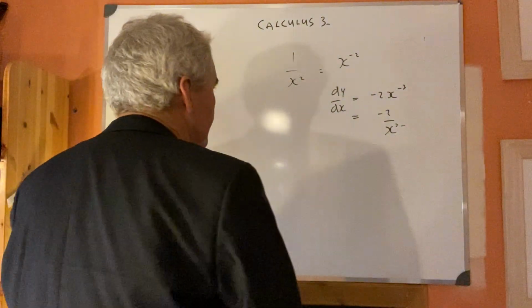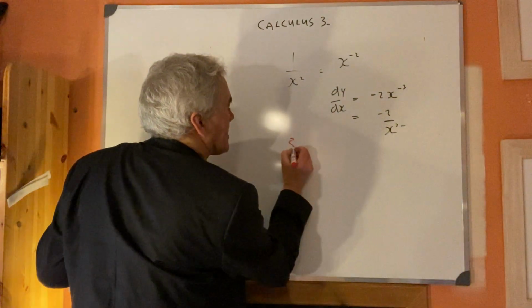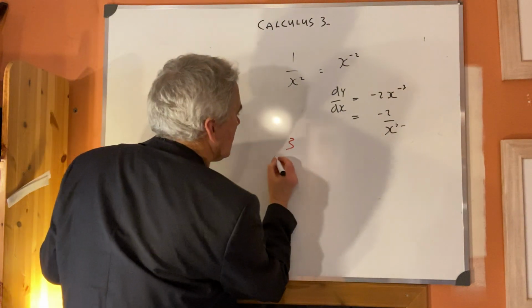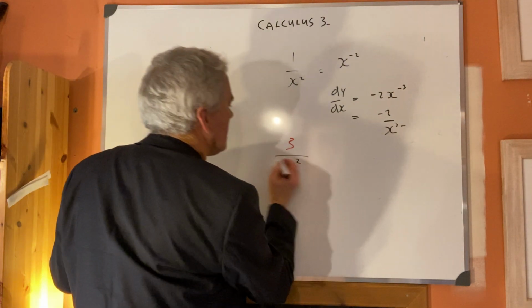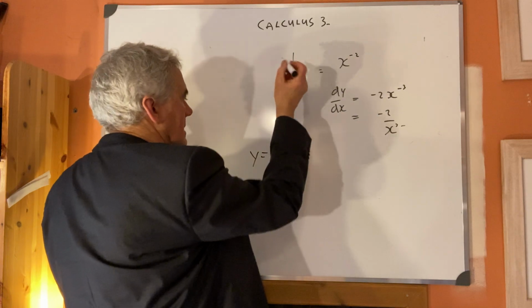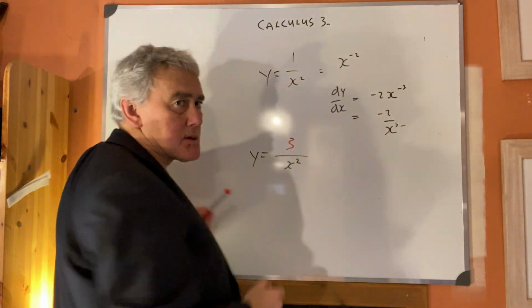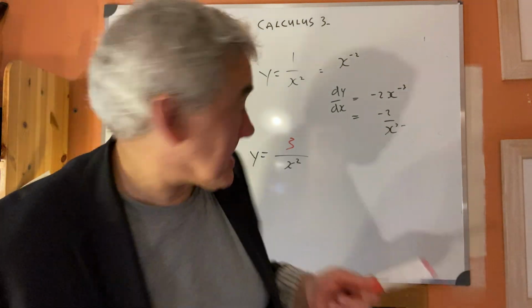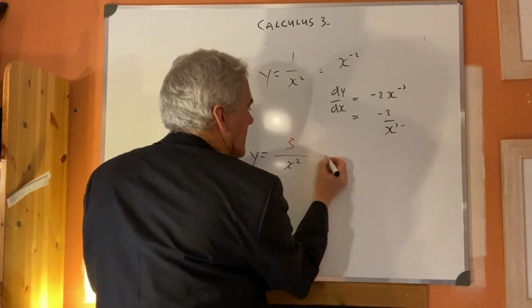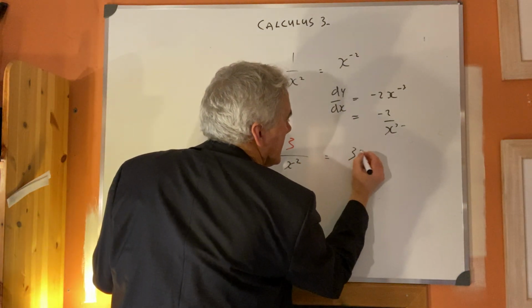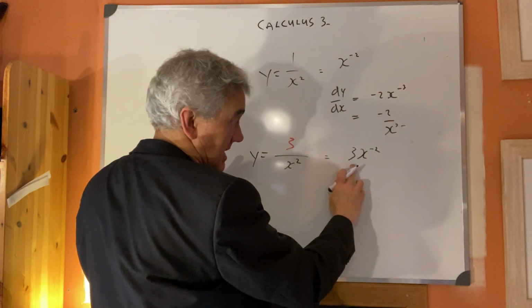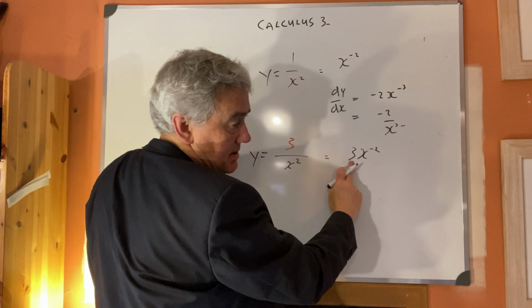So for example, if we had y equal to 3 over x squared, we proceed in exactly the same way, so it would be equal to 3x to the -2, and again we differentiate as if this were not here.